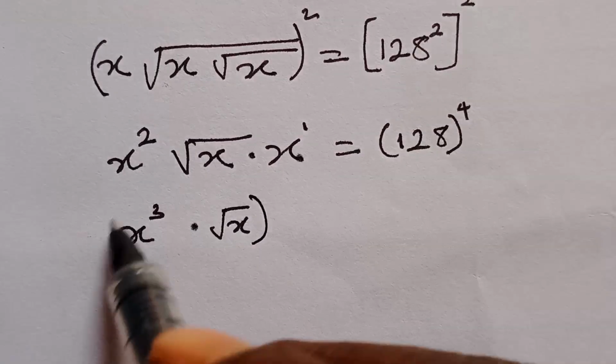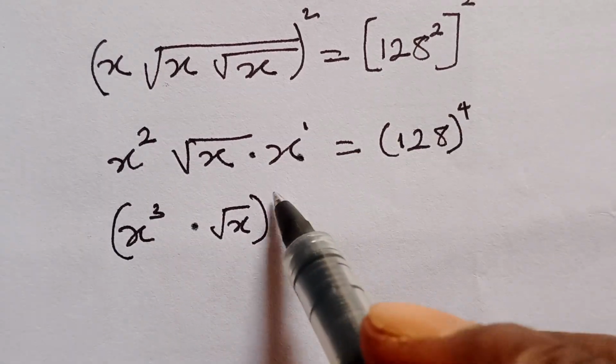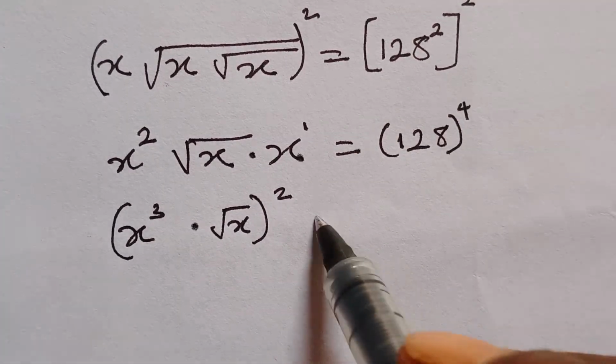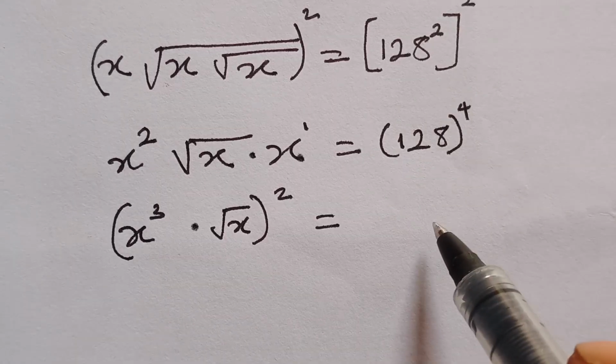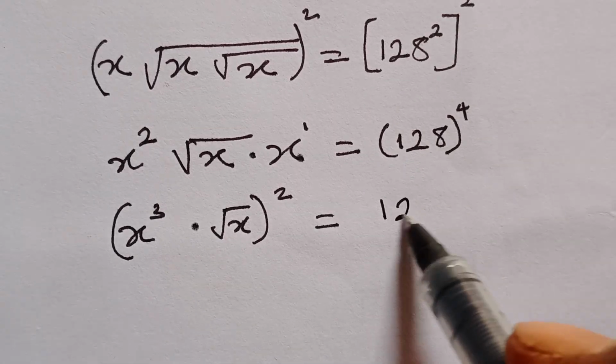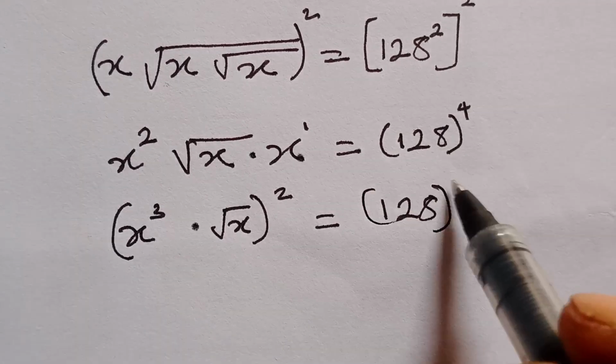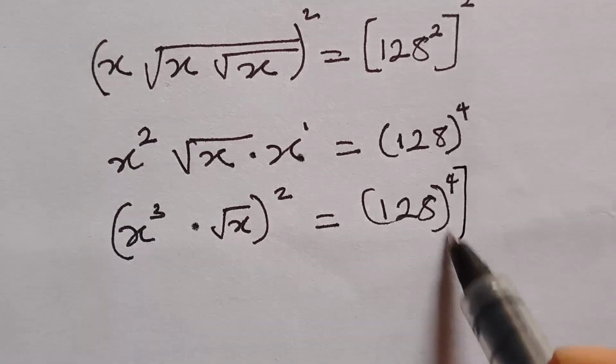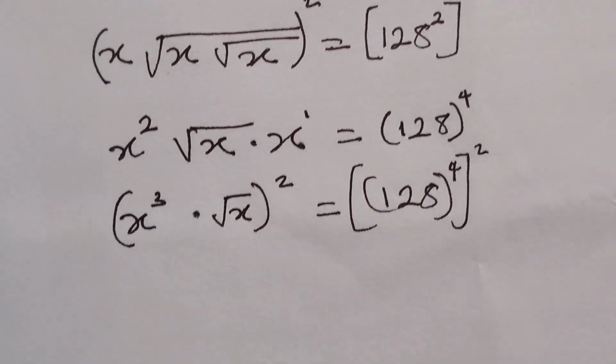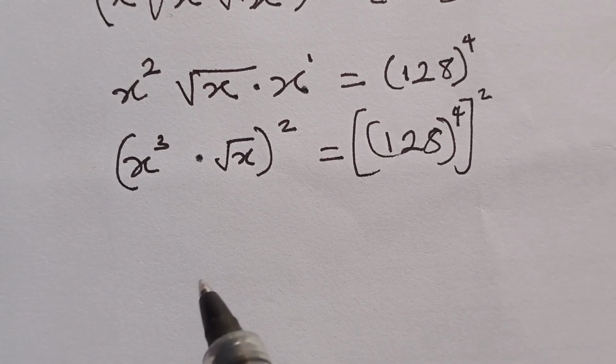So x squared times x raised to power 1 will give us x raised to power 3 dot square root of x, square everything, then equate it to the right hand side and square it as well. Now we are having 128 raised to power 4, then square.